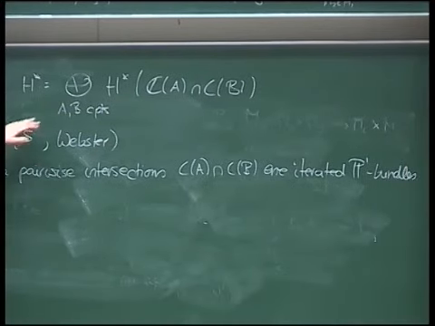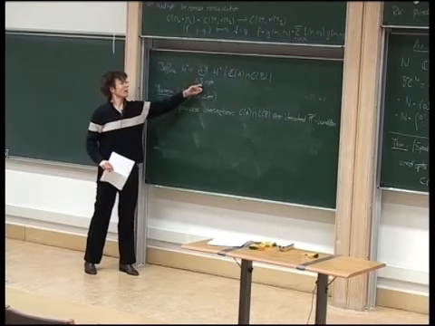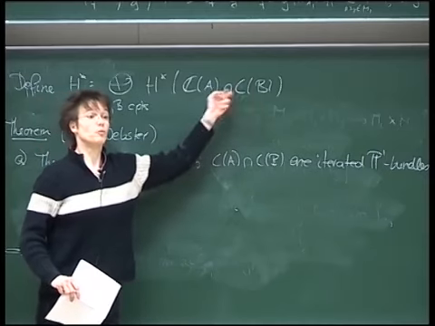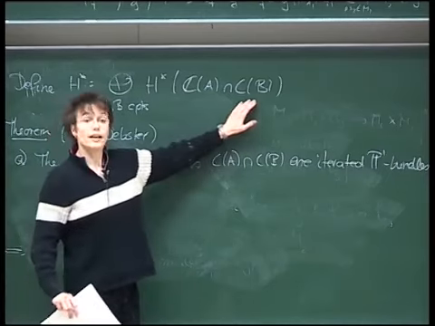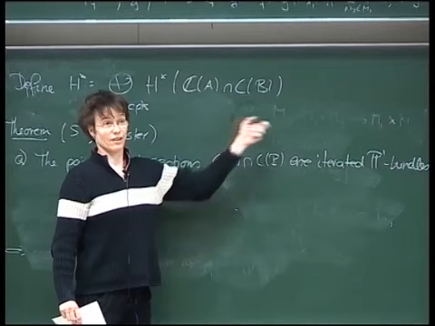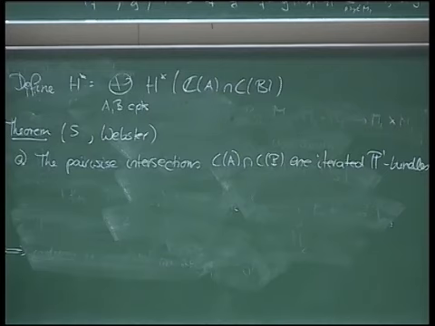Another thing I should emphasize is that I really want to sum over pairs of components. So I distinguish the intersection of A with B from B with A, which might look a bit strange, but I want to think of these as idempotents in an algebra. So I want to multiply them from the left and from the right, and it should not be the same thing. So that's part A.